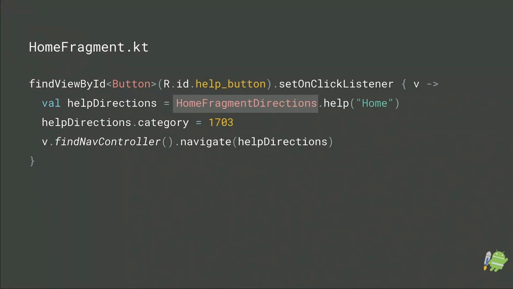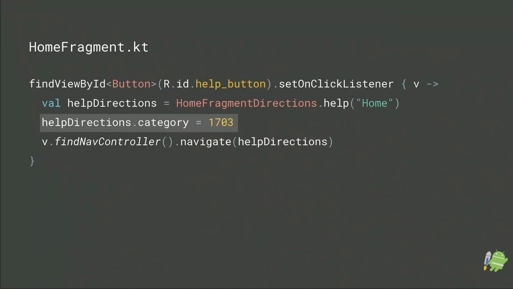It's just the fragment name plus the suffix Directions. And this class has static methods for every action defined for this destination. And those static methods make you pass required arguments. So in our case, it makes us pass the screen argument there. And optionally, you can later set up your other additional arguments.